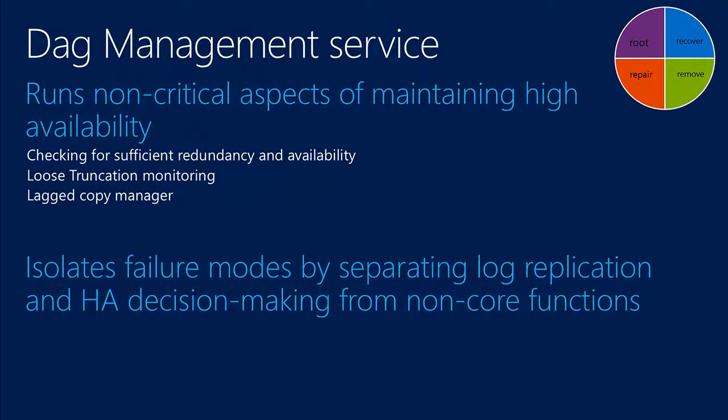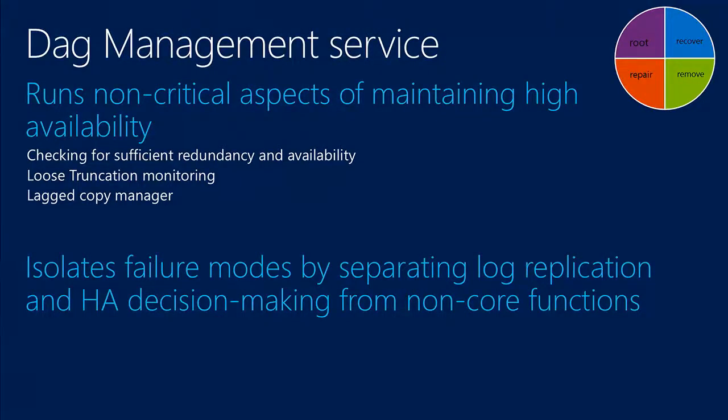We took out a lot of the low-level functions that were present in the replication service, and we moved them over into this new service called the DAG management service. And this allowed us to do two things. The primary benefit that we get is it moves the high critical functions away from the low critical functions and separates them from a process standpoint.